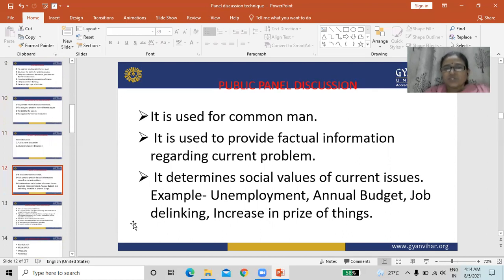Public panel discussion is used for the common man, as you generally see on television or other places. It is planned for common people. It is used to provide factual information regarding current problems.